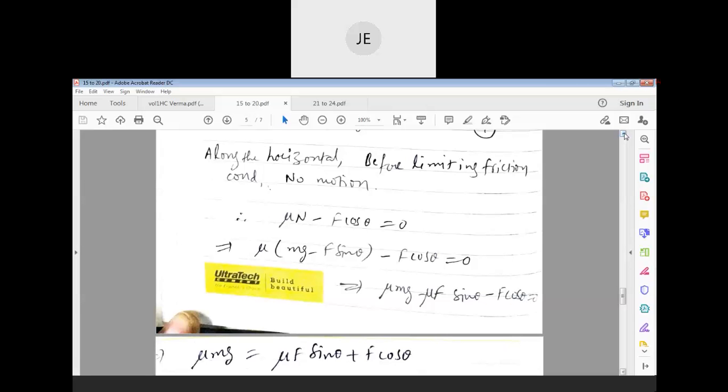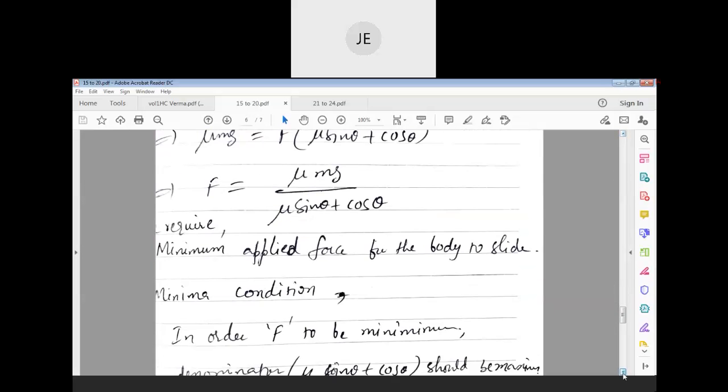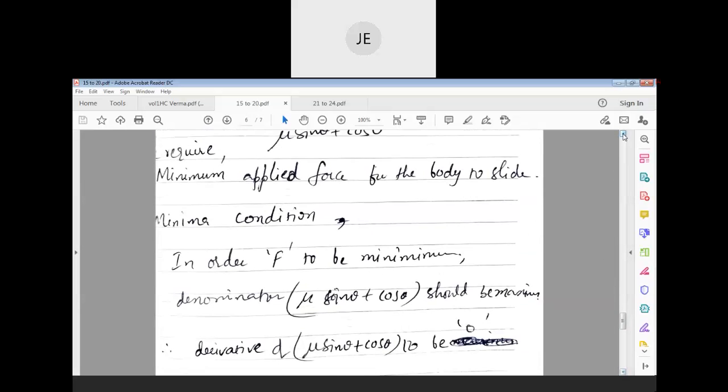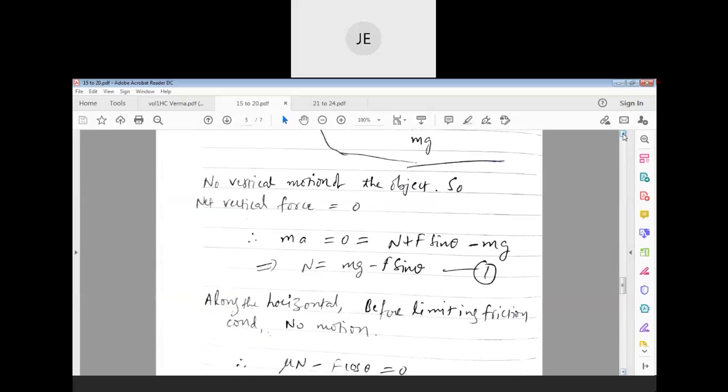The normal force you substitute: mu of (mg minus F sin theta) minus F cos theta is equal to 0. You have to simplify and get the F equation. Please do this. You have to practice it now.